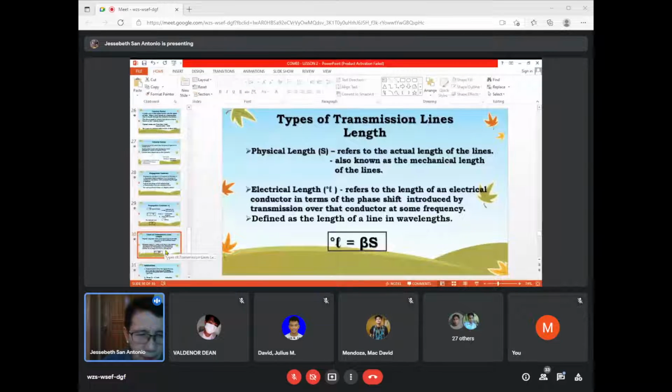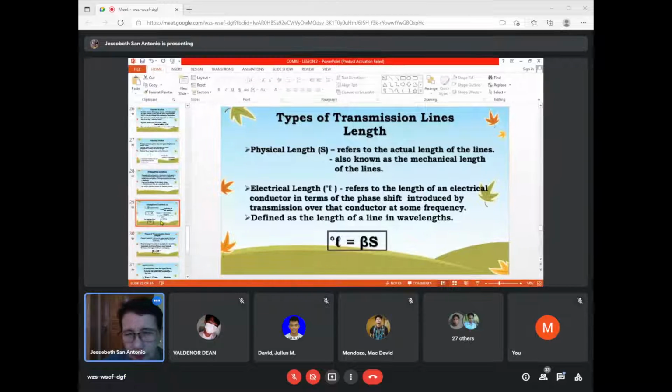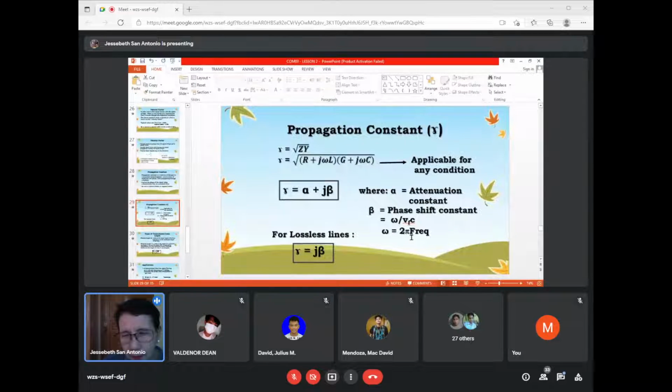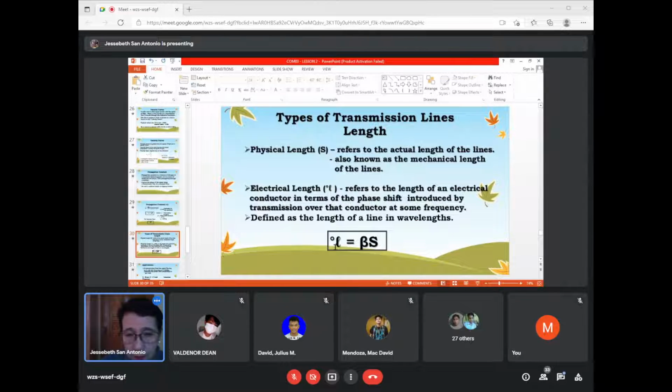Pagka inayos natin pala, nilagay natin ay 2 pi f, no? 2 pi f doon sa omega, may magka-cancel dyan. No? Later, i-derive natin yung talagang gagamitin na B, o beta. So, for the meantime, degrees L is beta times the S, which is the actual length of the line.